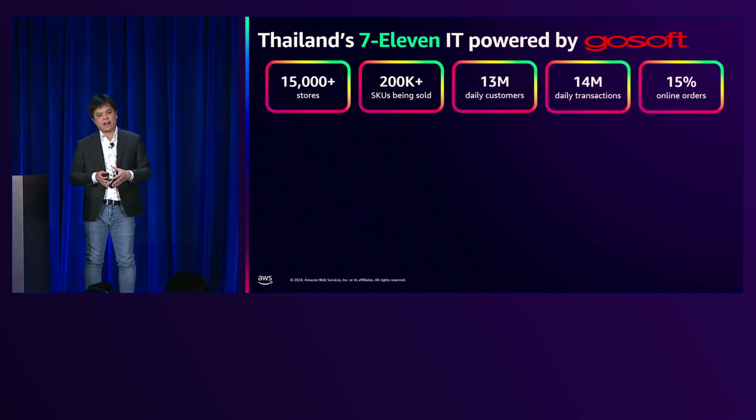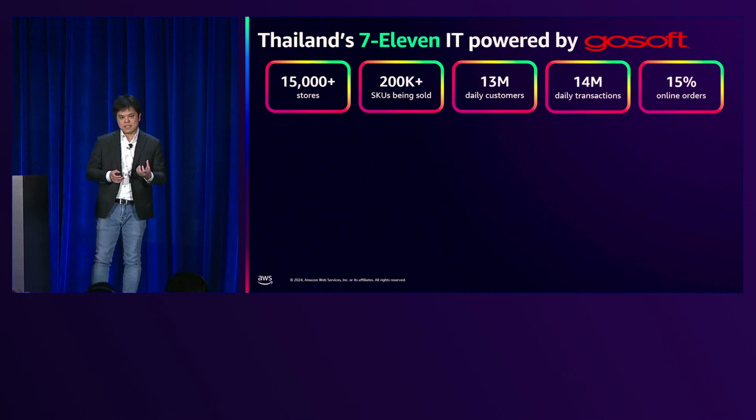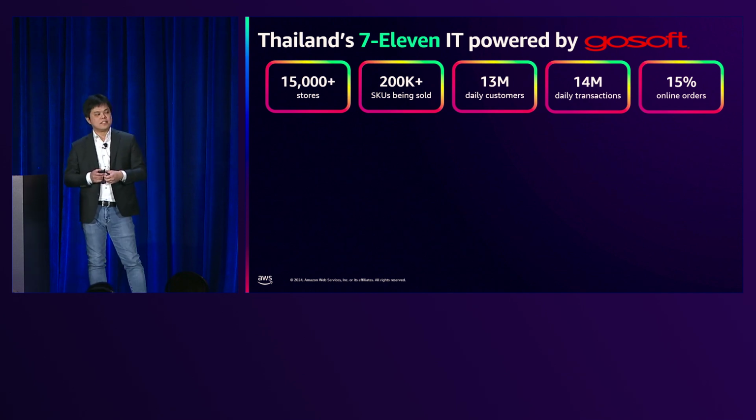In Thailand, we have 33 million households across the country. So if you look at the stat, we have about 13 million daily customers with 14 million transactions. You can assume that every family in Thailand buys something from us every day.